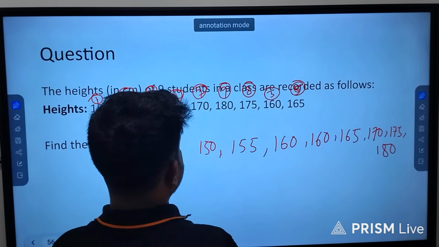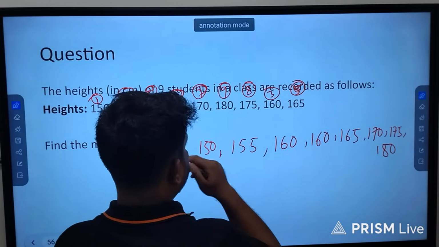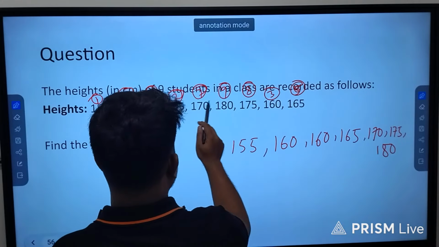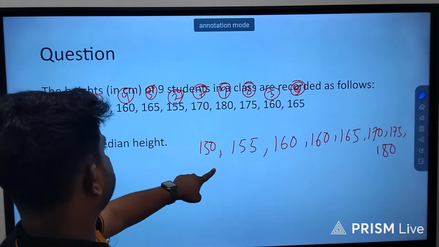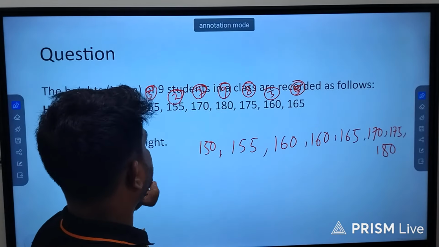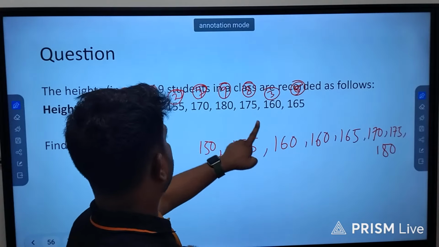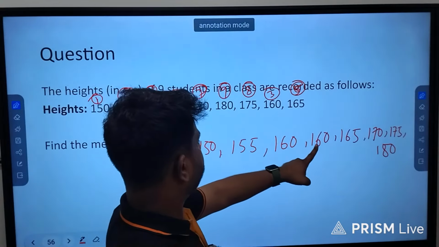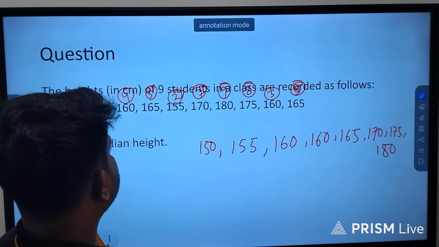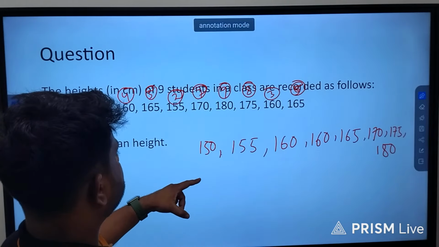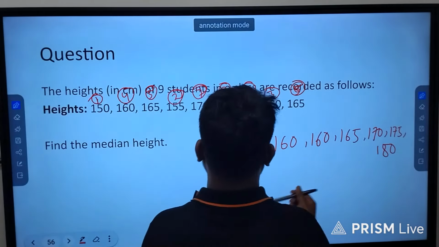Maybe we have missed something. 150 first, 155 second, then the third and fourth, 165 fifth, 170. Oh, we have two 165s.